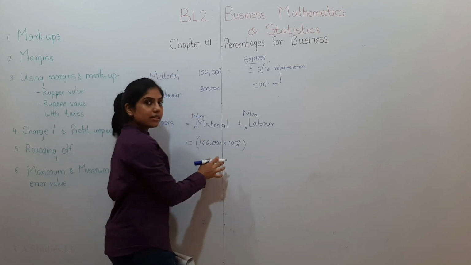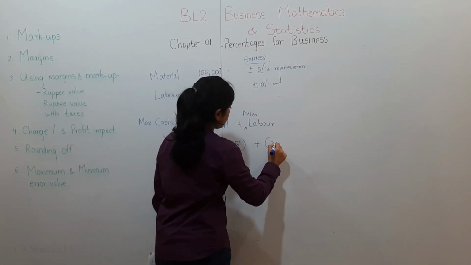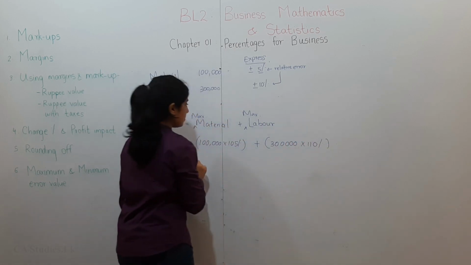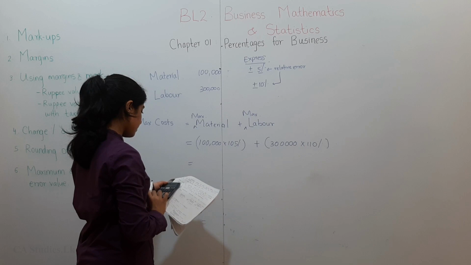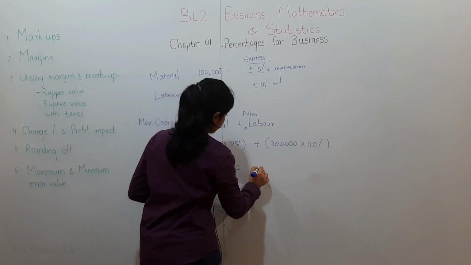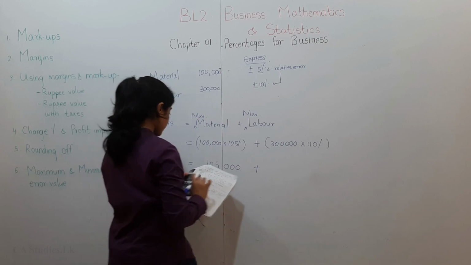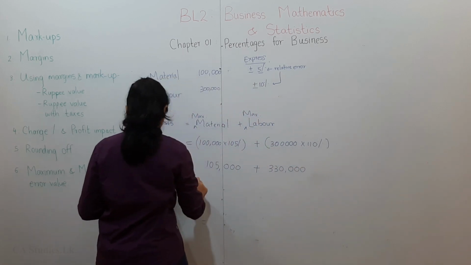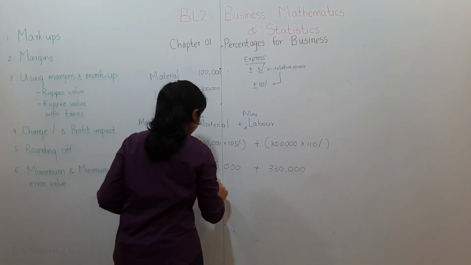It will give you the increased value. And labor, 300,000 into 110%. So calculate. $435,000.